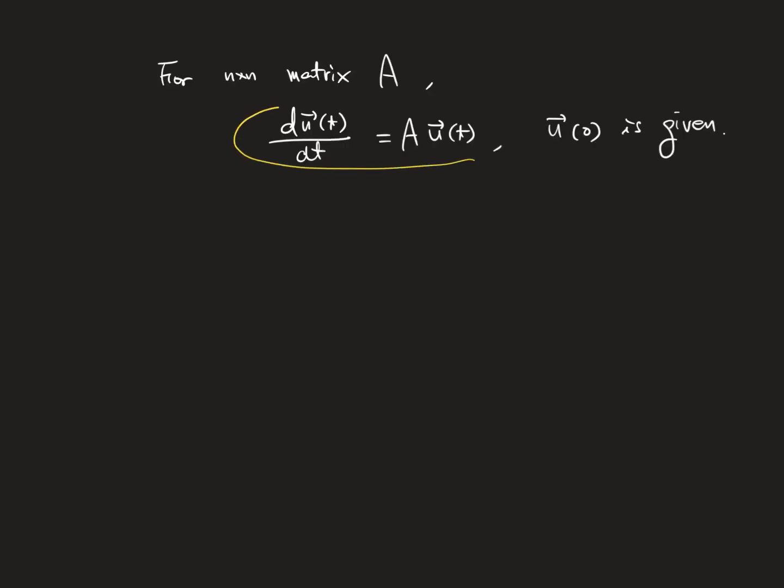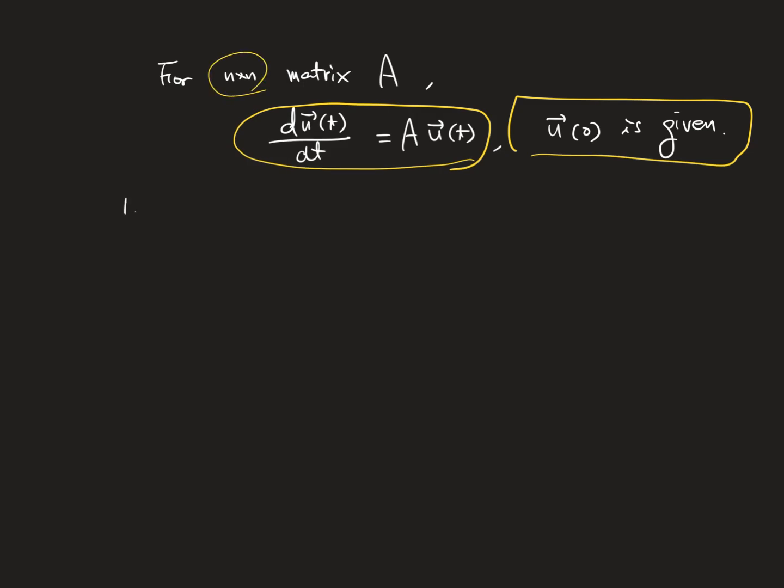Solving this equation, we can get c and d. So we summarize the procedure for solving this differential equation. We assume that the initial condition is given and A is an n by n matrix.